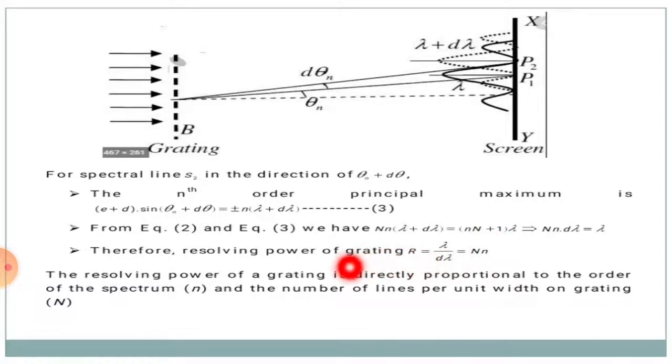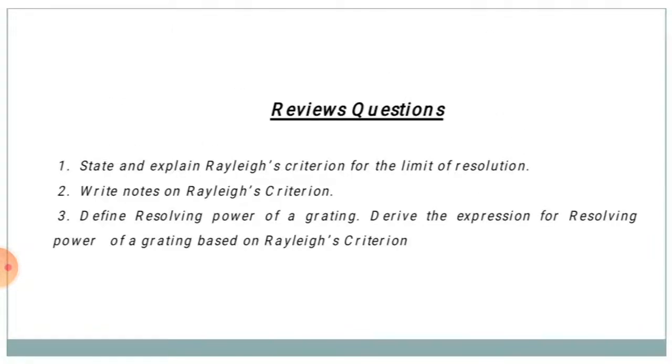So this is about the resolving power of grating. Now we will see some of the important questions about this topic. State and explain Rayleigh's criterion for the limit of resolution, or write notes on Rayleigh's criterion. For this, we give the answer.